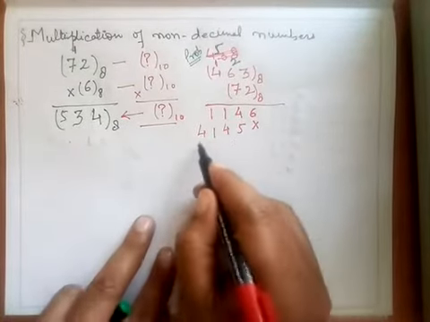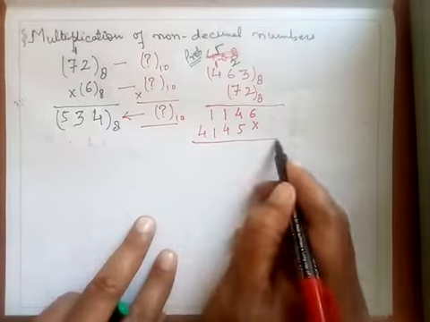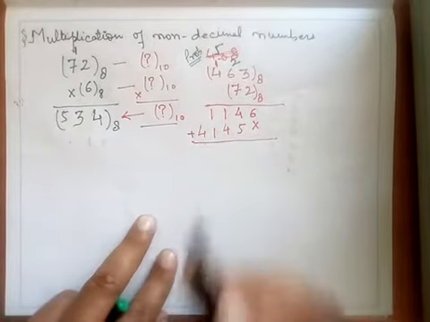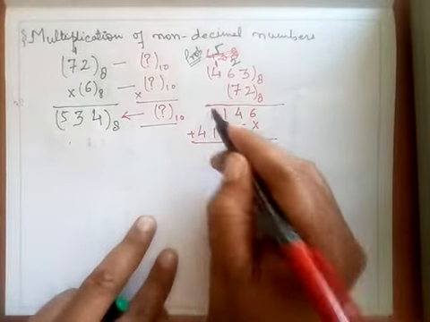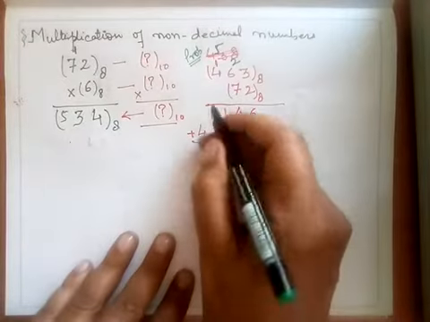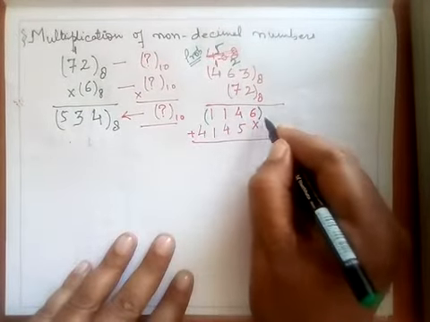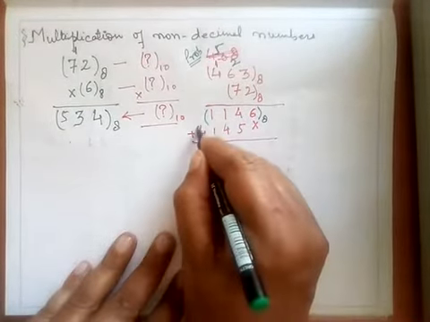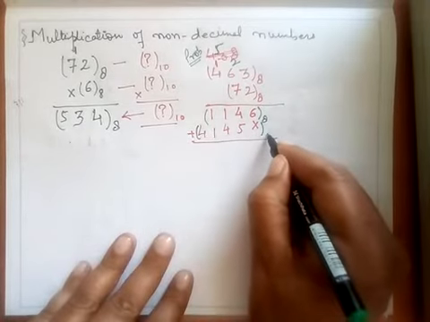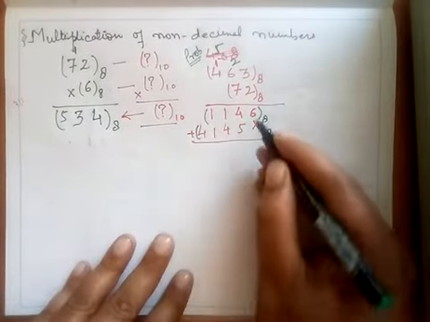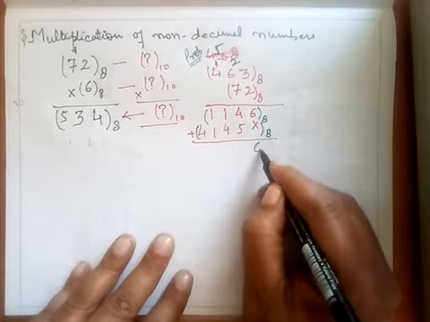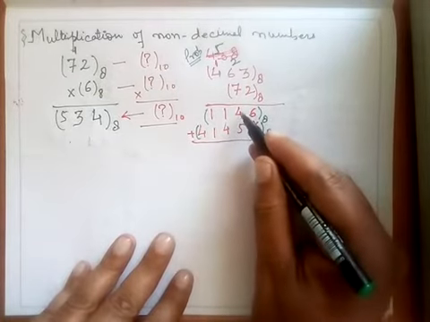Now all I have to do is add these two. But remember that this addition is in octal. What I obtained here is in octal, as well as this number is also in octal, base 8. So 6 plus 0 is 6, no issues. 4 plus 5 is 9.